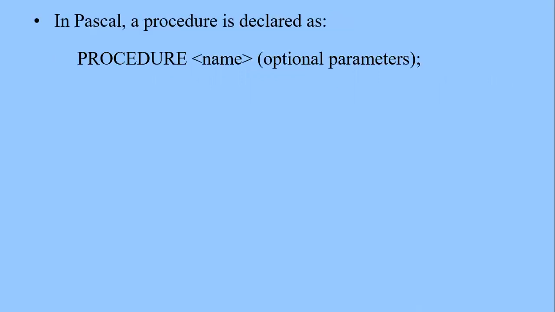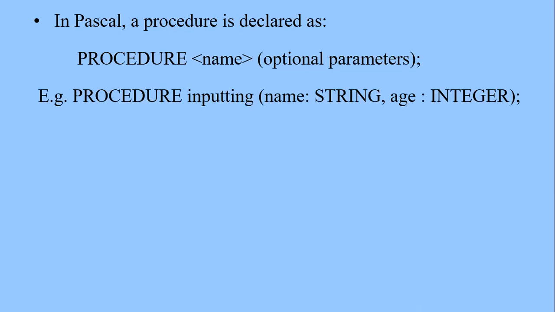In Pascal, a procedure is declared as follows. We have the keyword procedure, followed by the name of the procedure and optional parameters. For example, if you have a procedure called inputting, then we declare it as procedure inputting.